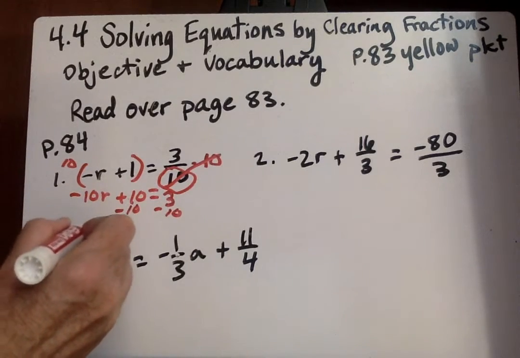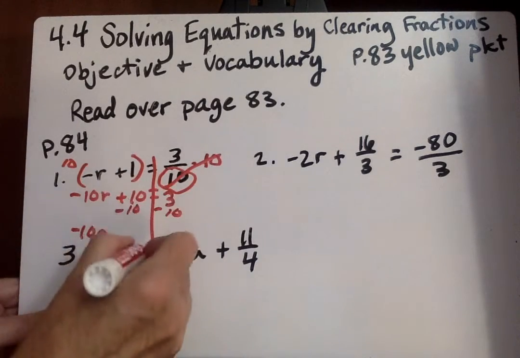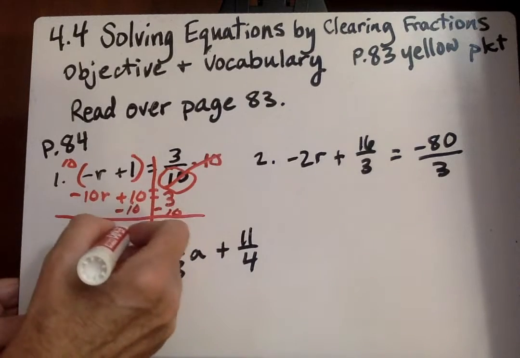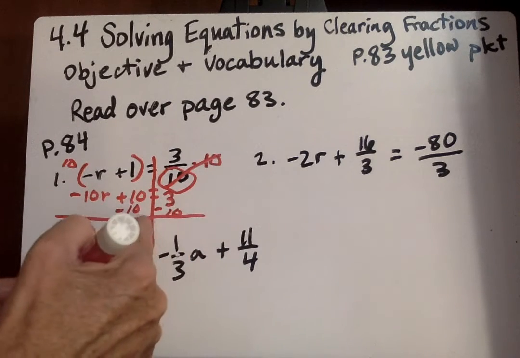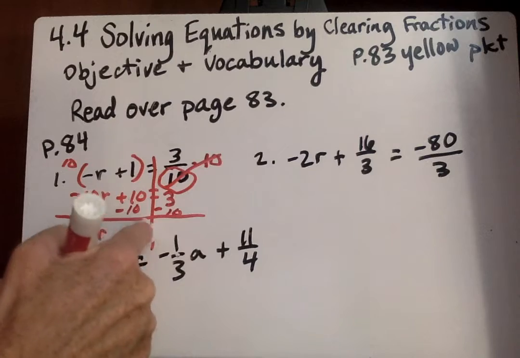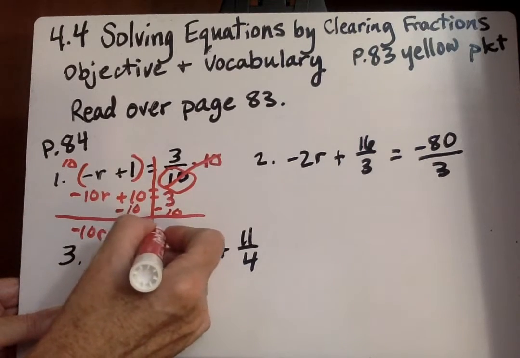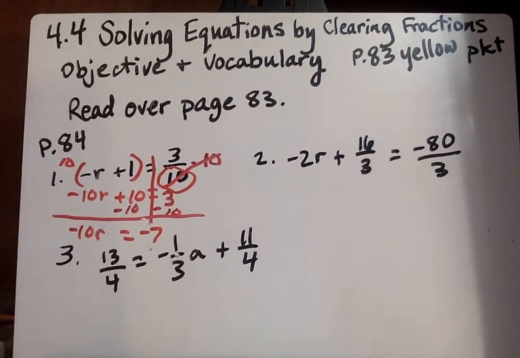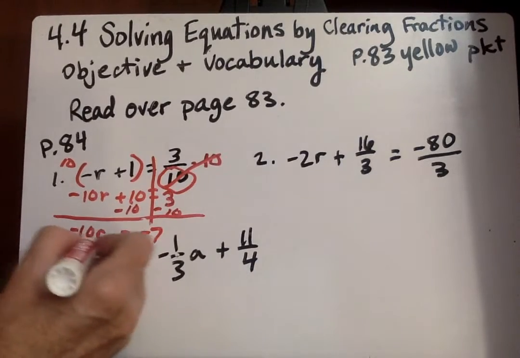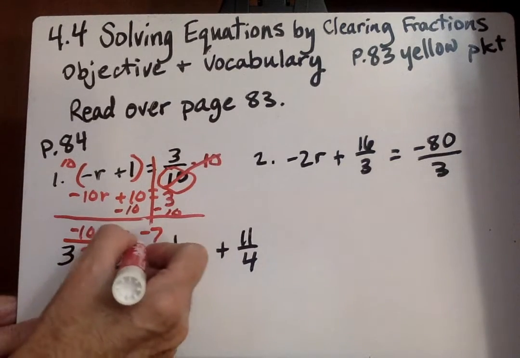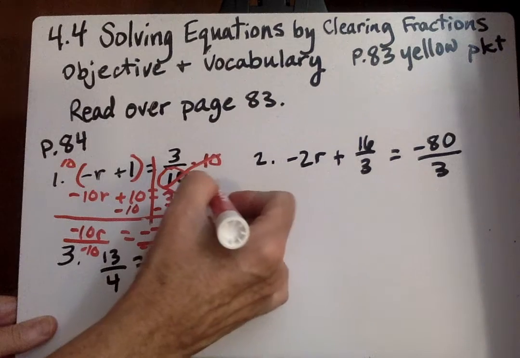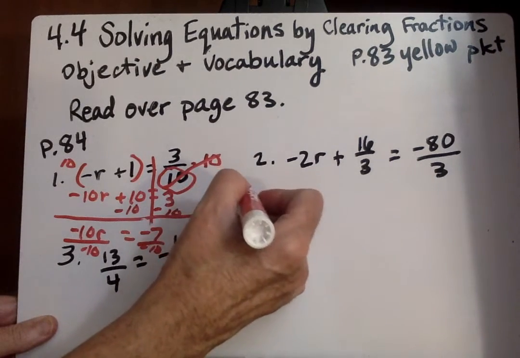So negative 10r equals negative 7. 3 minus 10 is negative 7. Then I divide by negative 10, so r equals 7/10.